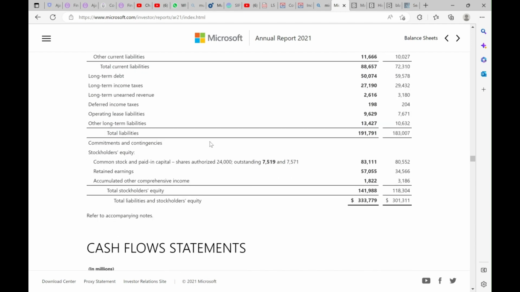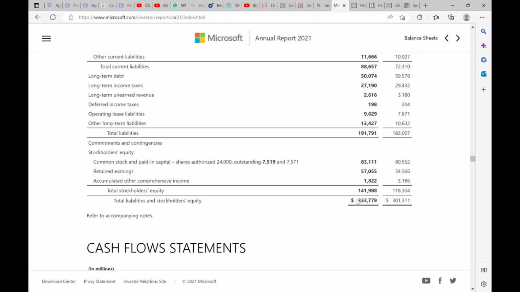And then you can see total liabilities has increased not much, say from $83 million to $101 million, because they paid the taxes and all. And then you can see the stakeholders equity. So you just see the numbers. Yes, that's an increase, 301 to 333.